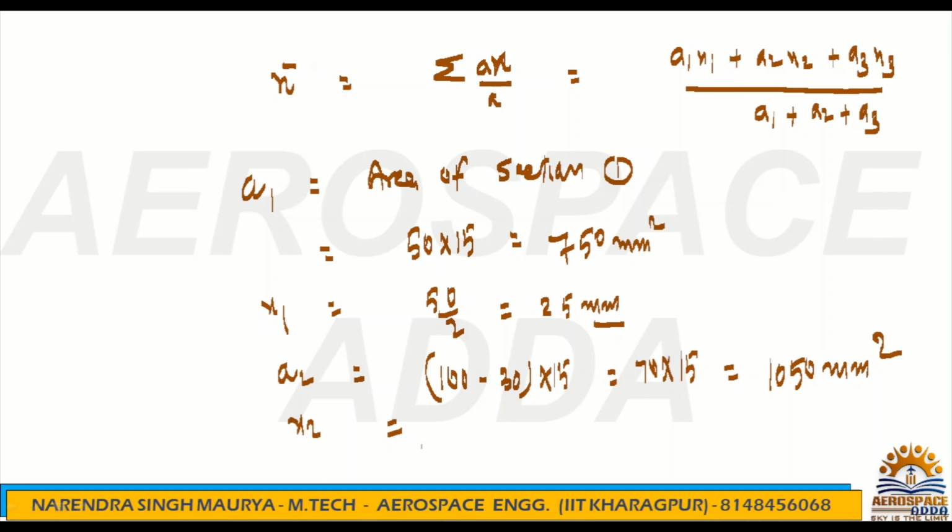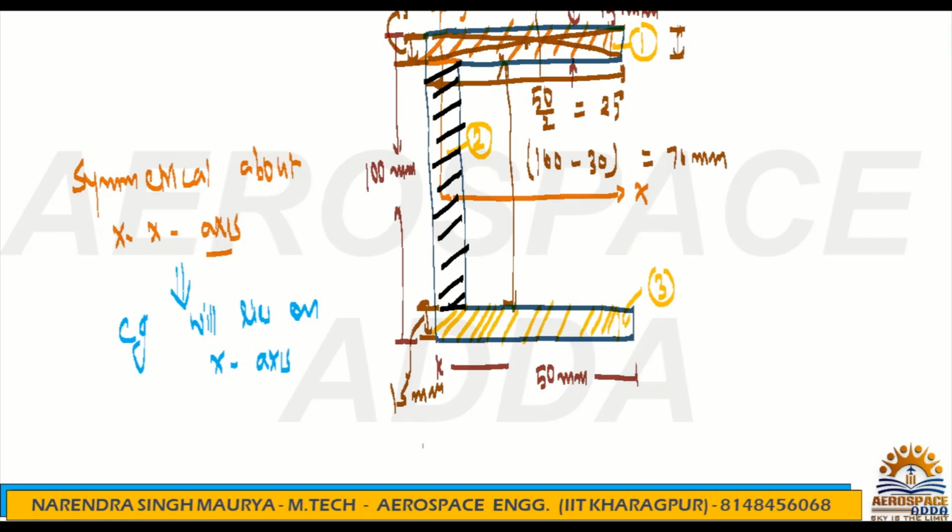If you check x2 is nothing but, again, okay, I'm taking the reference for the y axis obviously, because CZ will be lying on x axis. So if you check, you are calculating for second section. So second section is something like this.